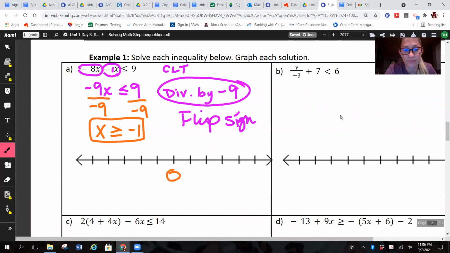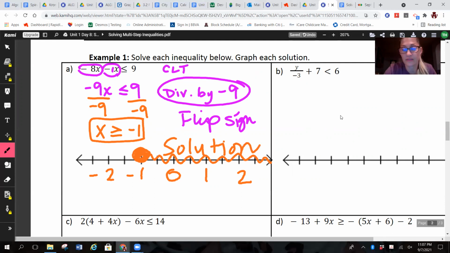So if that's 0, and that's negative 1, that's negative 2, and that's positive 1, and that's positive 2, well, greater than or equal means equal, bubble me in, and greater than means shade to the right, because right means greater. So these are all the solutions that make the original question true.